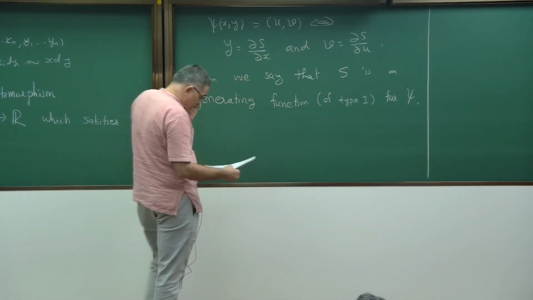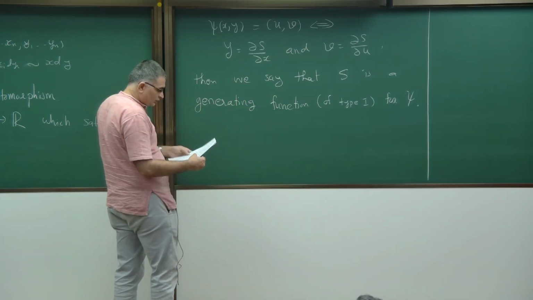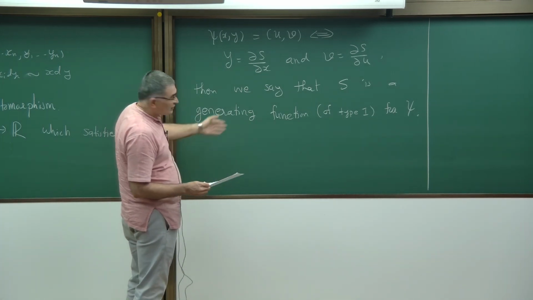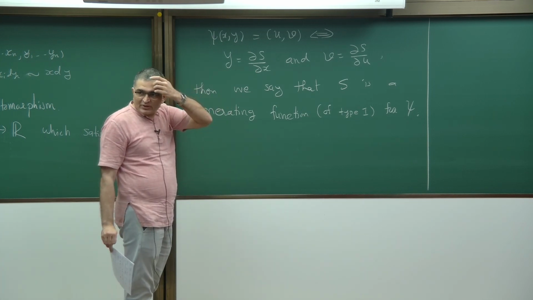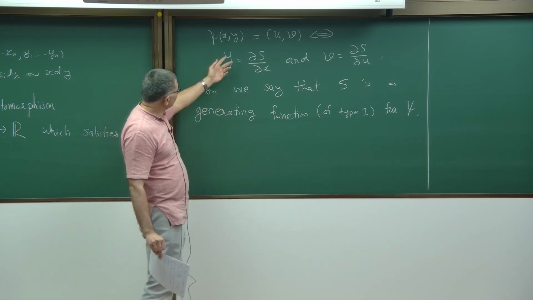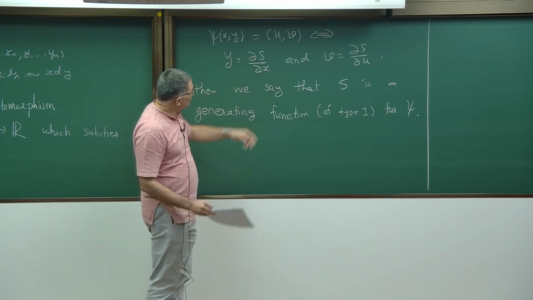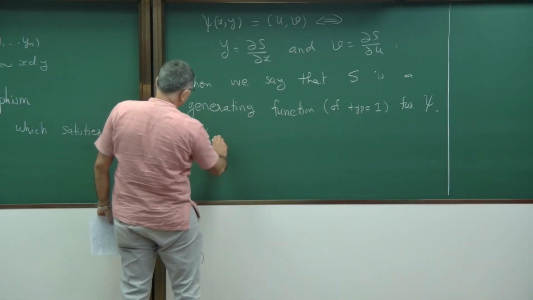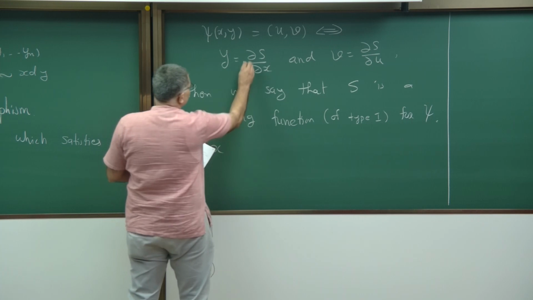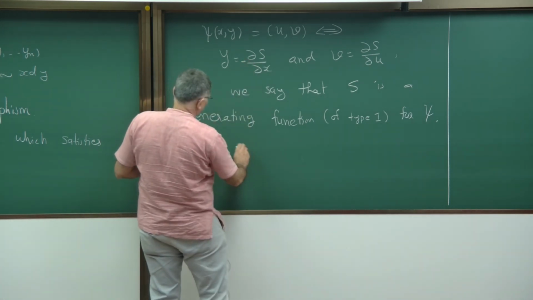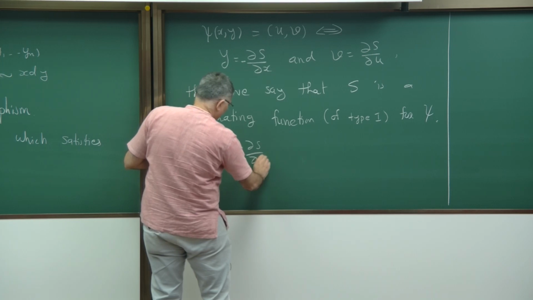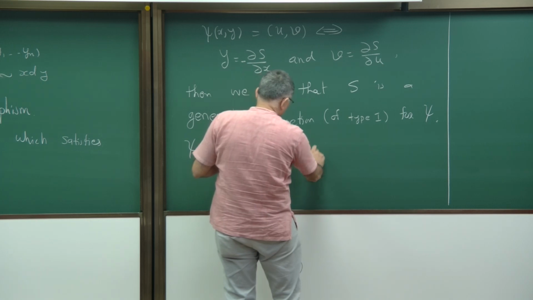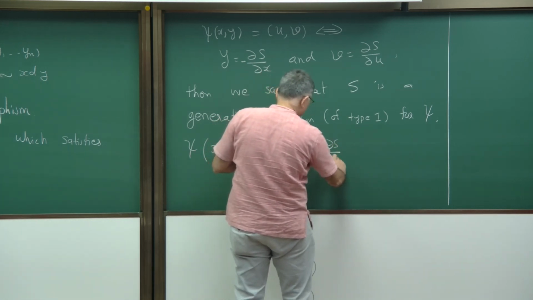Okay. Now, note that this definition of generating function does essentially exactly what Yasha has been doing, up to some coordinate change. With this definition, we have psi of (x, y) equal to (u, v), which means the point (x, minus ds by dx) maps to (u, ds by du).